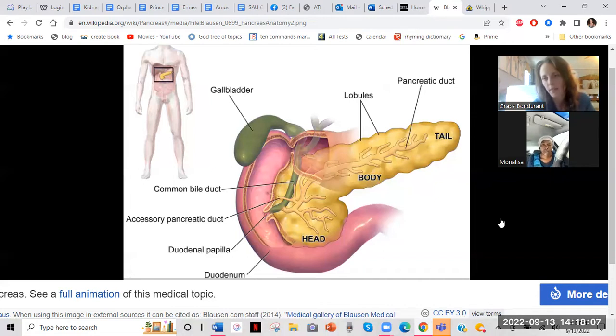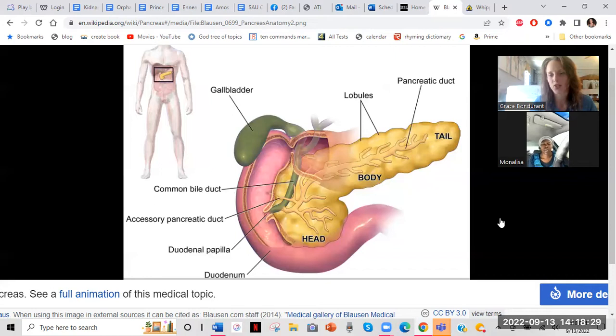Do you see that? So imagine if a gallstone got wedged right at the opening of the duodenum, before the intersection of the pancreatic duct and the gallbladder. Then all of the enzymes that would be in the pancreas would also be stuck, right?